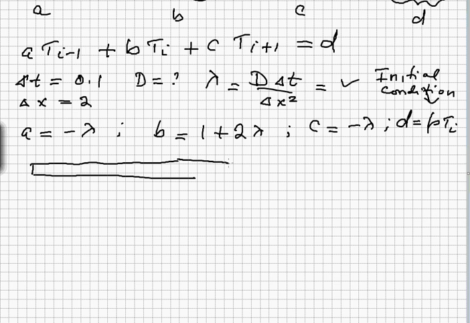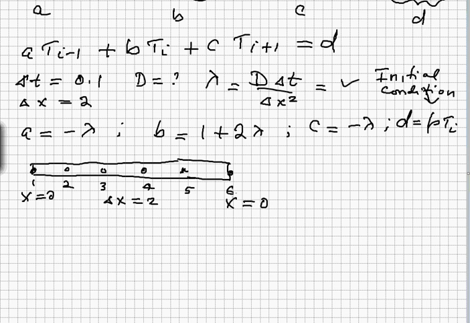Actually, you guys did this in the previous homework. It was a 10-centimeter rod. This is x equal to 0, x equal to 10, and we use delta x equal to 2, right? For the problem. And the node numbers are arranged as 1, 2, 3, 4, 5, 6.